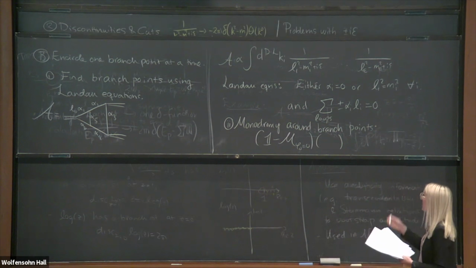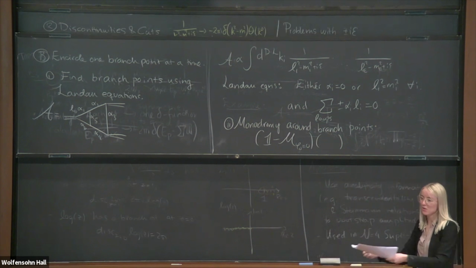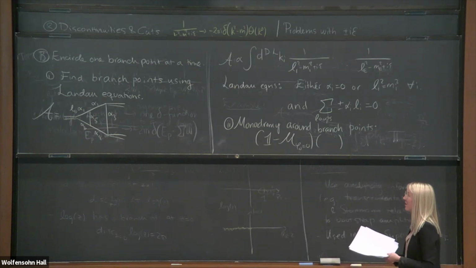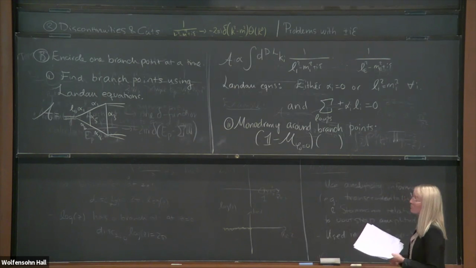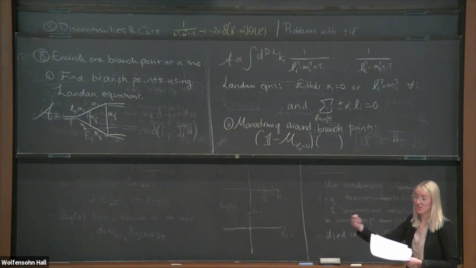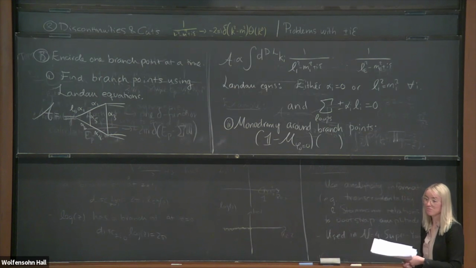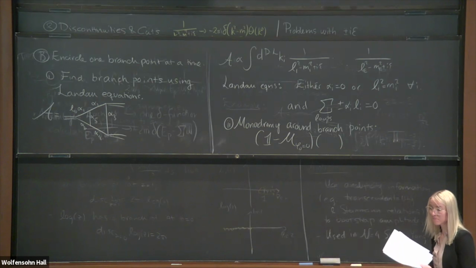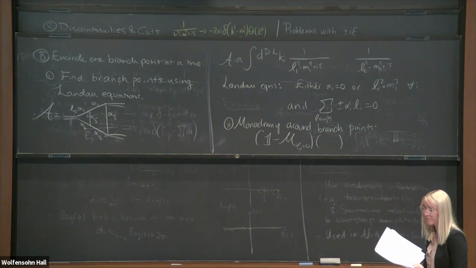Yeah, so here, the way we're doing it right now, we're always restricting ourselves to the physical region. But as I said before, we're very interested in generalizing it to be able to encircle branch points that are somewhere off in the complex plane. I know, but that's not precisely what I meant. One's question had to do with whether these equations lead to a singularity in codimension bigger than 1.